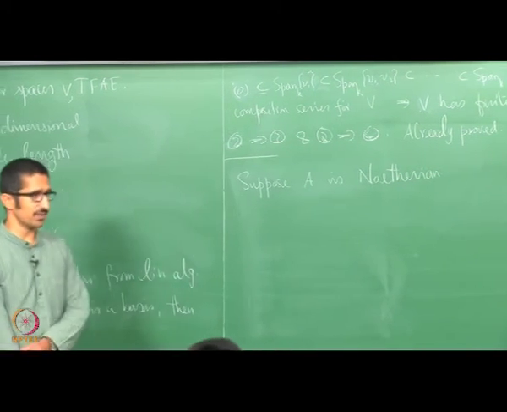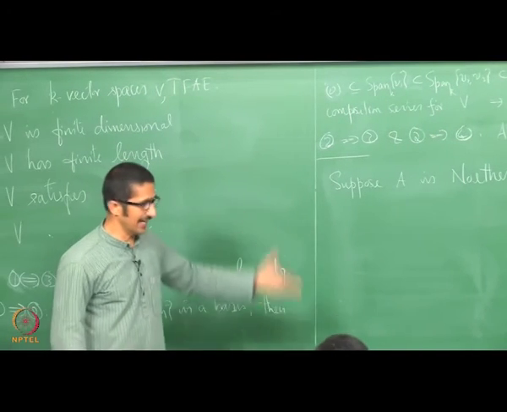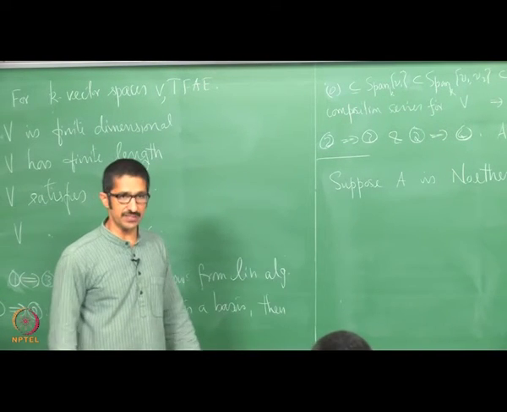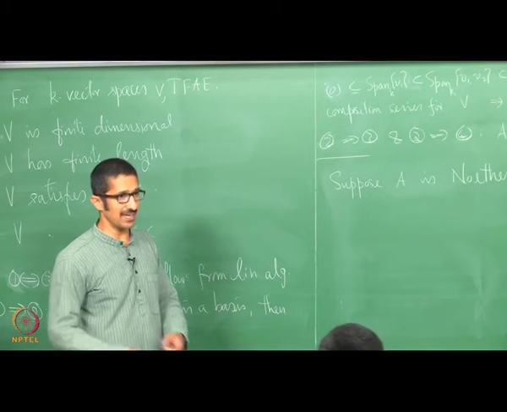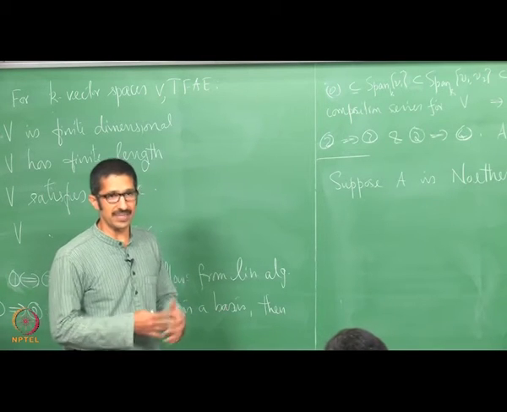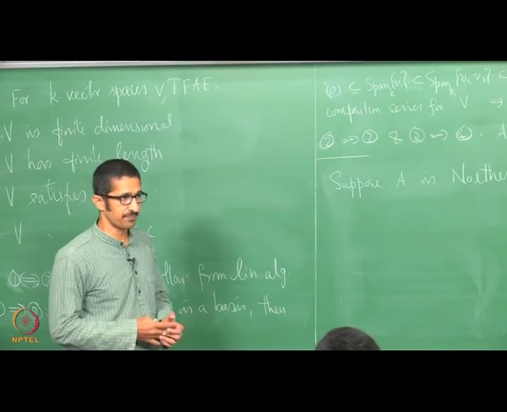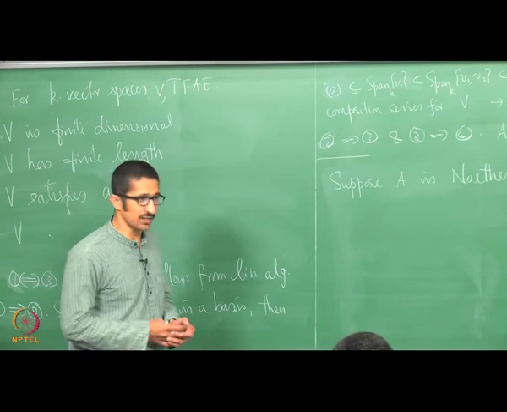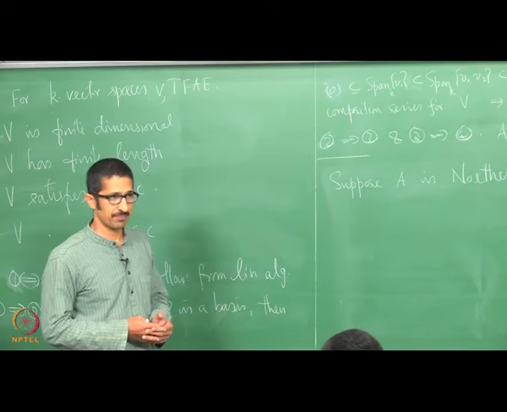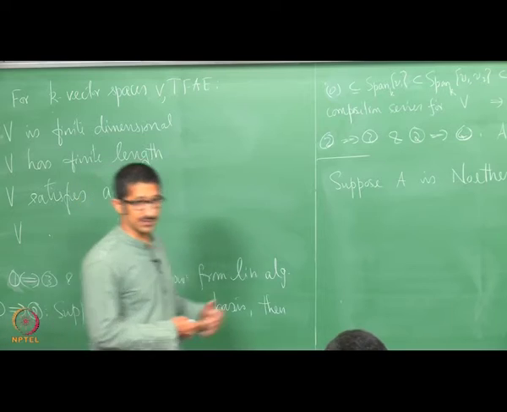When can we say that it has a composition series? Suppose some nice property is true, can we say the length of A is finite? We know that this is not always true.